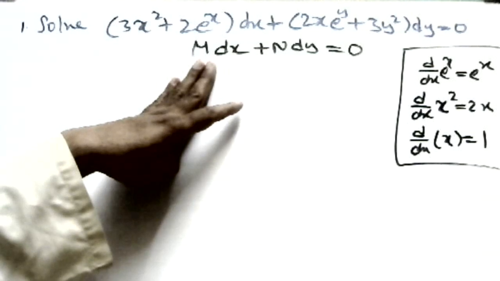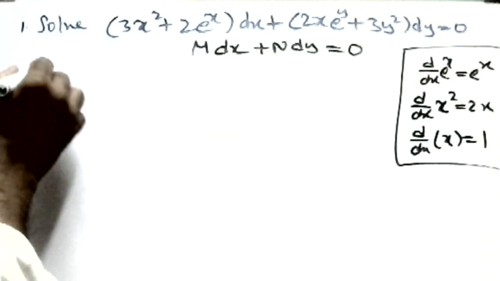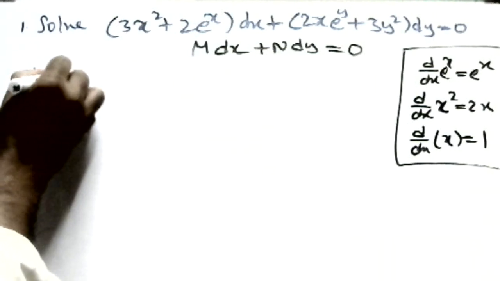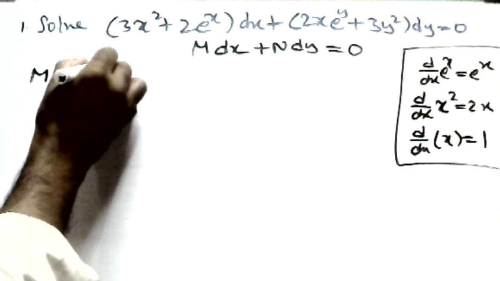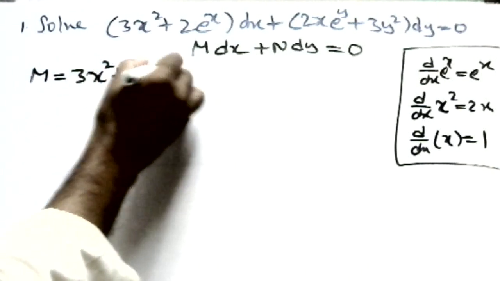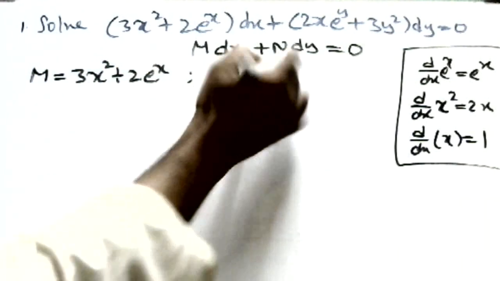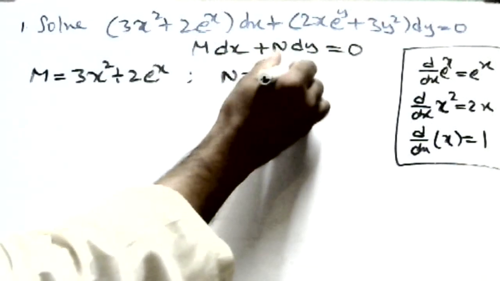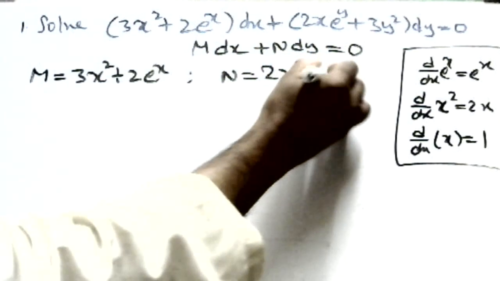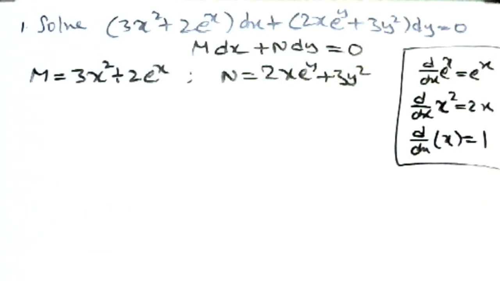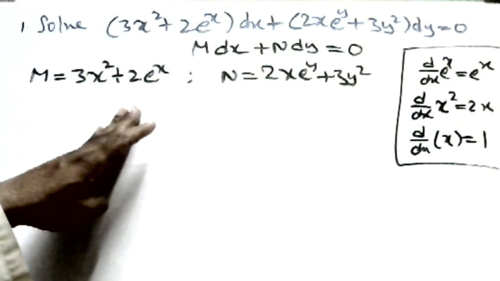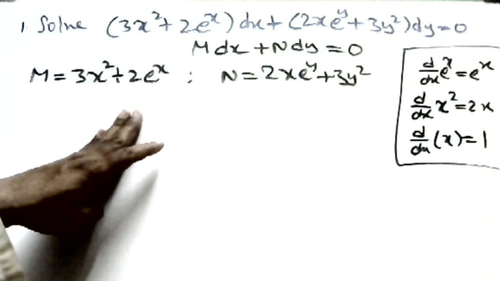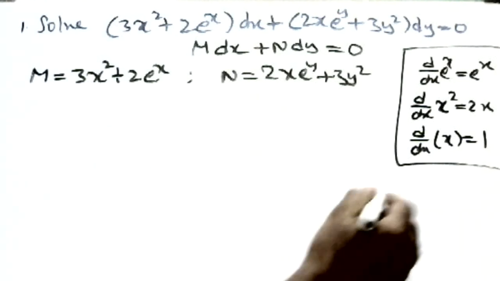Whenever we get a question like this, we first compare with this general form. The value of M is 3x square plus 2e power y, and the value of N is 2x e power y plus 3y square. The initial step is to see whether this is exact or not.